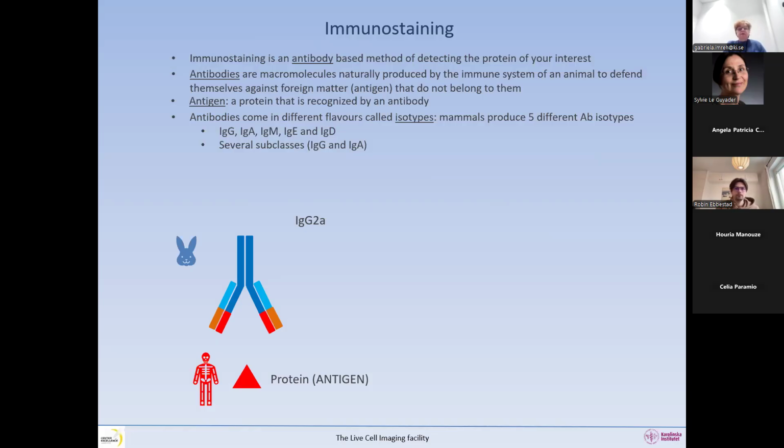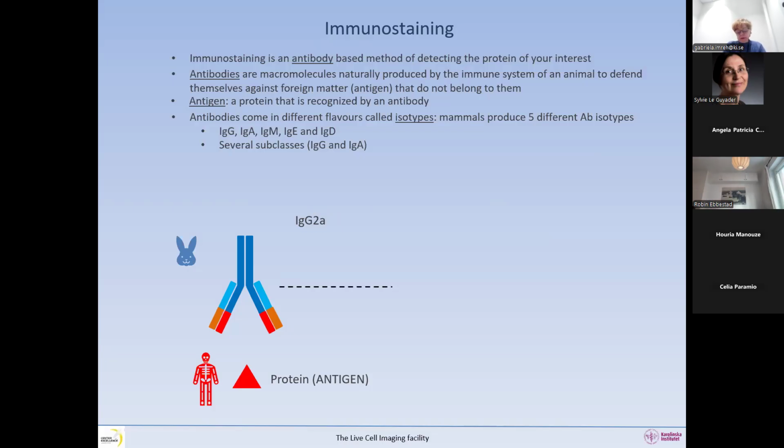The antibodies come in different flavors called isotypes. The mammals produce 5 different antibody isotypes: IgG, IgA, IgM, IgE, and IgD. And 2 of them, IgG and IgA, also have several subclasses. For example, in IgG2a, IgG is the class and 2a is the subclass. So how should we detect?